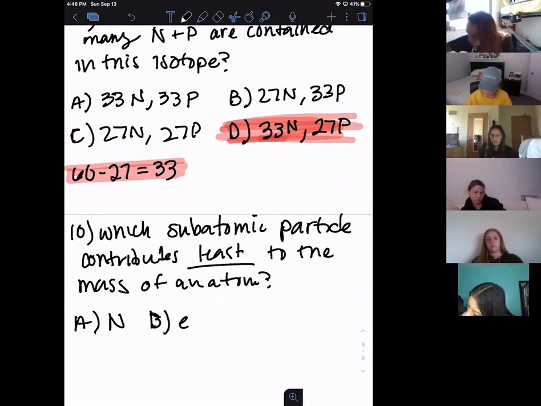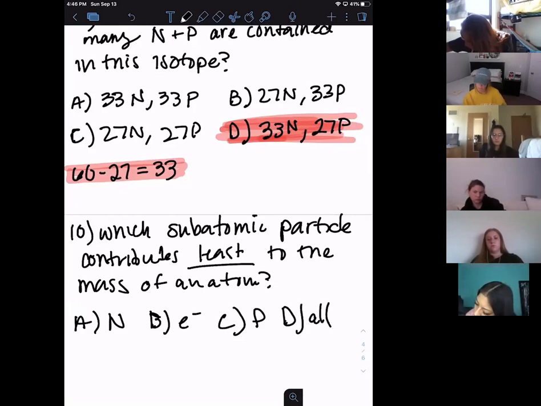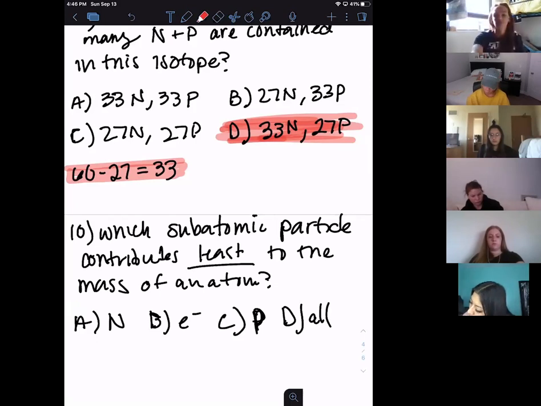Is it the electron? Is it the proton? Or is it all? Which contributes least? The electron. Why? Because it's like 1/2000th of the mass of the neutron or the proton, I think.